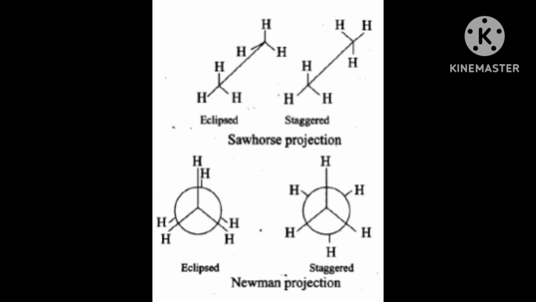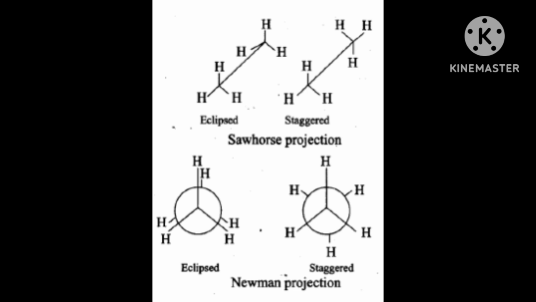And here one thing I want to tell you: in a sawhorse the lines are inclined at an angle of 120 degrees, 120 degrees out of 360 degrees, to each other. This is important, okay. The sawhorse projection of eclipsed and staggered conformations of ethane, I have already told you.